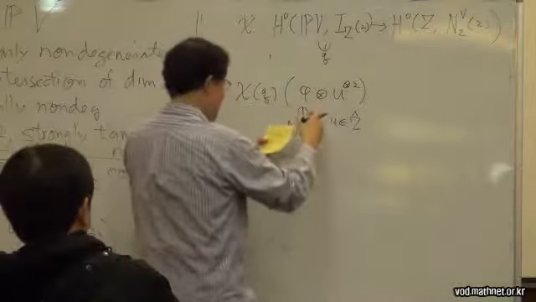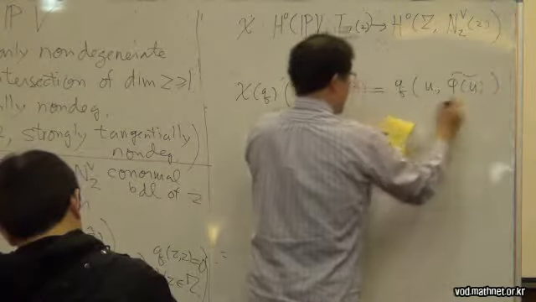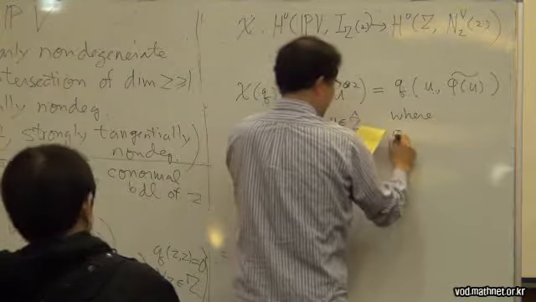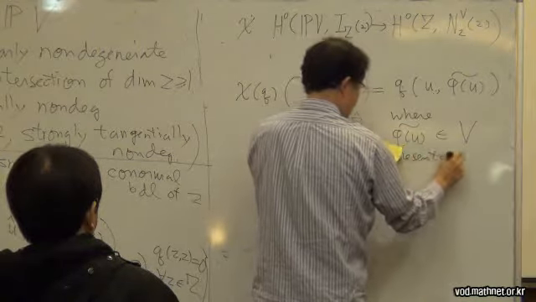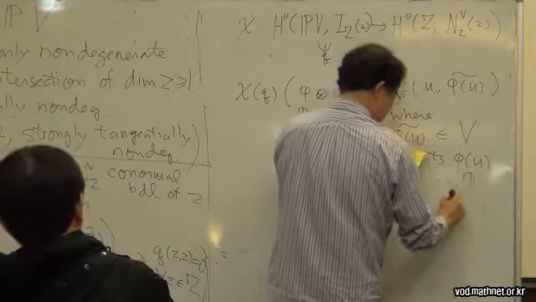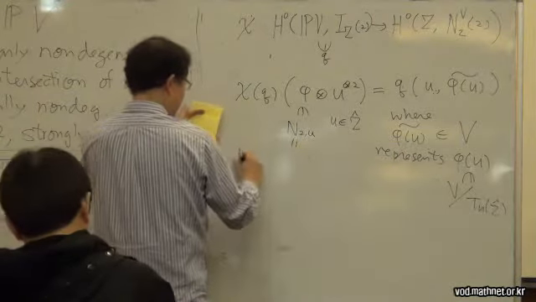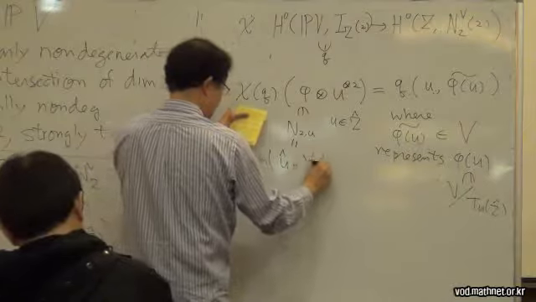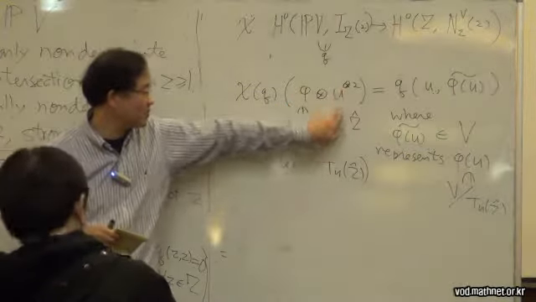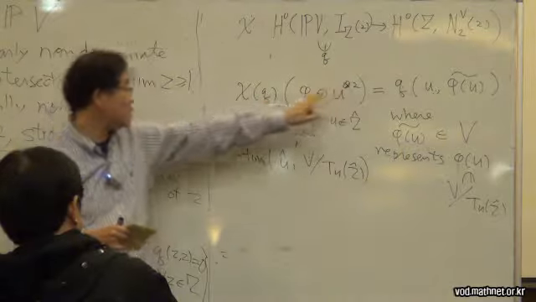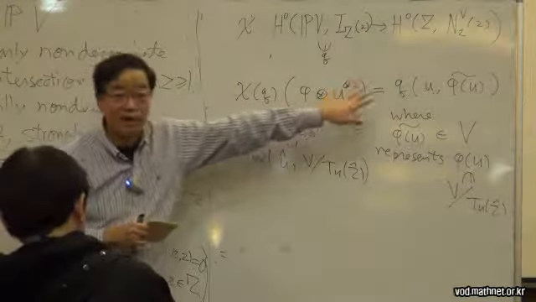So I will define this as Q of U, phi U tilde, where phi U tilde in V represents phi U inside V. Given an element here and the tautological element at that point, because this is a square, I will define this functional in this way.